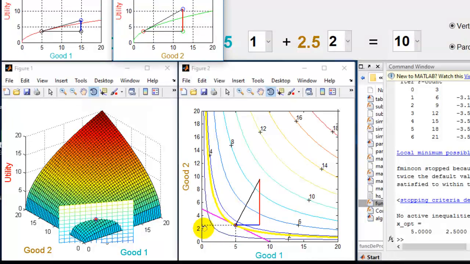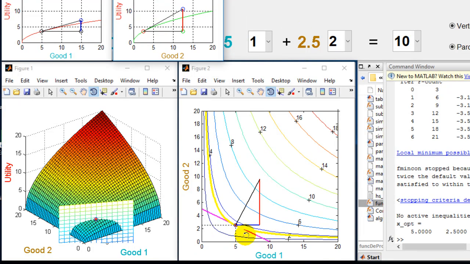So what we are going to see in the Lagrange method in future videos is that you find the optimum at a point in which the indifference curve is tangent to the budget constraint.